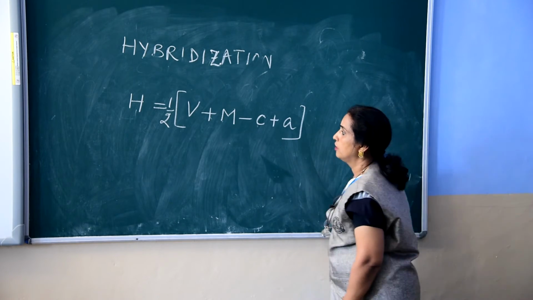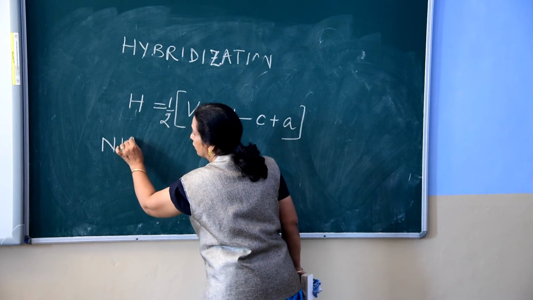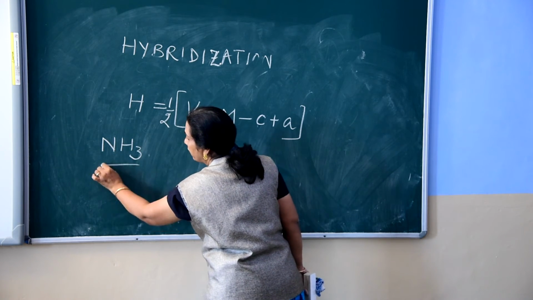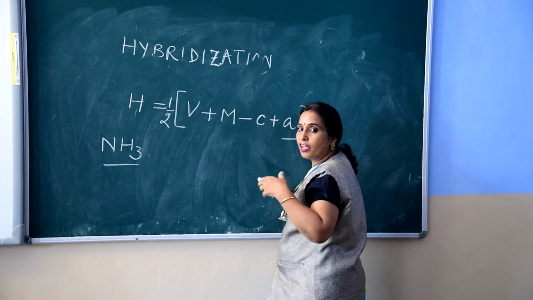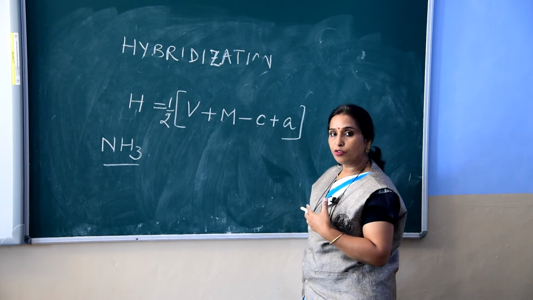For example, if we have NH3, the same formula we will apply over here. In case of ammonia, we have calculated the hybridization through the steric numbers also.